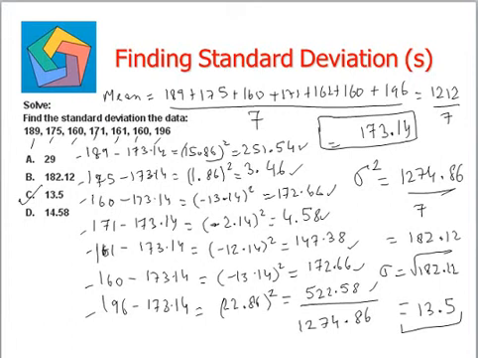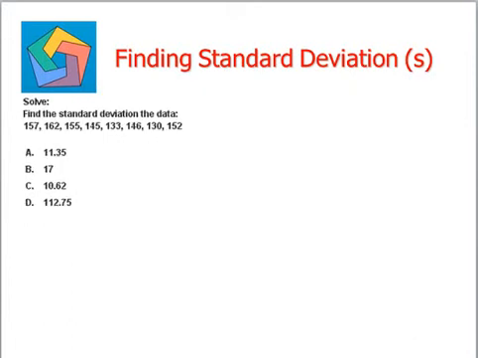Let's try another question. Find the standard deviation of the data. This is a set of, let's see how many numbers, 1, 2, 3, 4, 5, 6, 7, 8. So the count is 8.